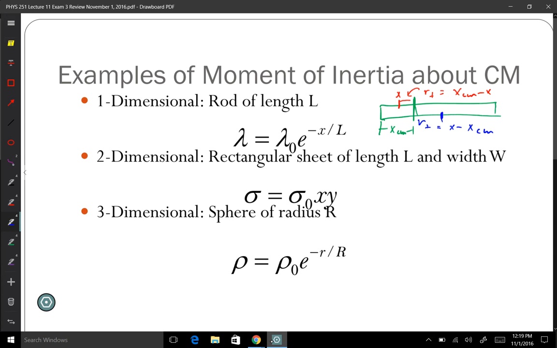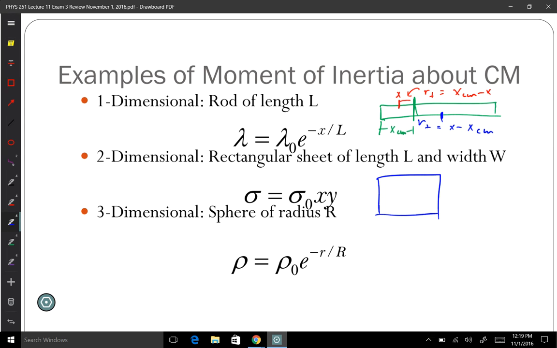For the rotational one here, we once again found that the center of mass for our system was 2/3 in each direction. So there was our center of mass. Then for your r perpendicular, here's x, here's y.